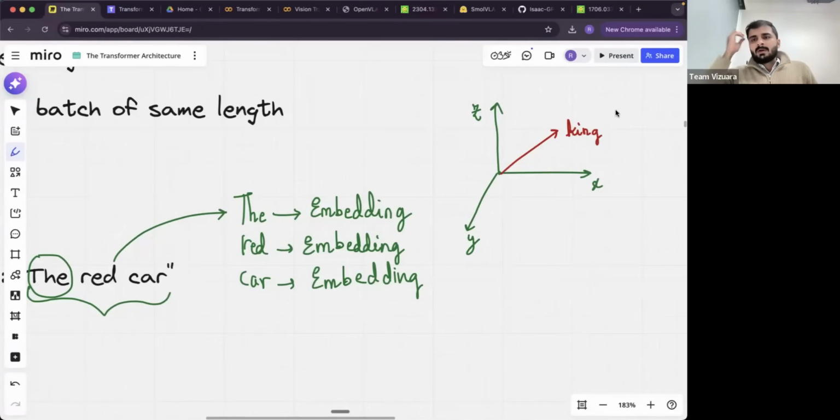Now, because the embedding captures the semantic information, the embedding for the word crown is probably going to lie somewhere very close to the word king.